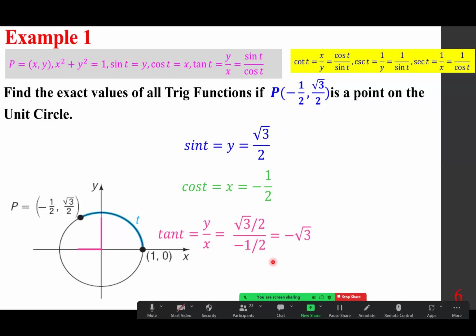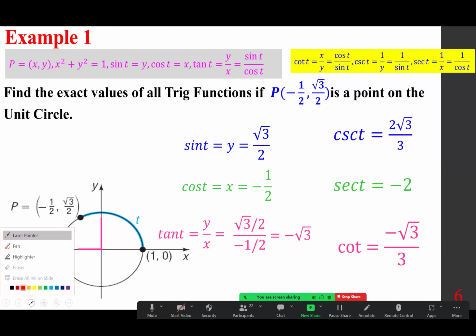The rest of them are reciprocals. Cosecant is 2/square root of 3. Secant is 2/-1, meaning -2. Cotangent is 1/negative square root of 3. And when you rationalize it, as an example, class, this one is 2/square root of 3.